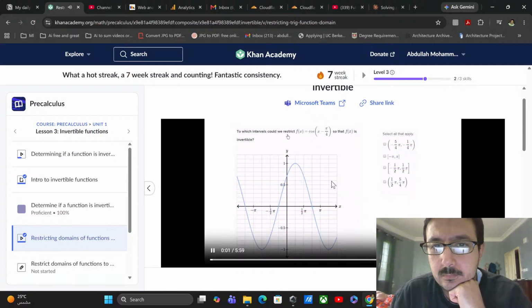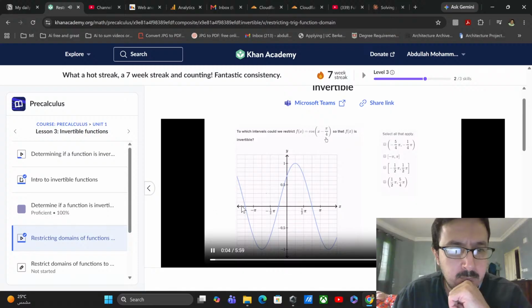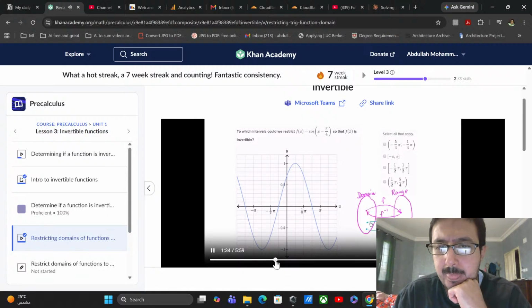To which intervals could we restrict f of x is equal to cosine of x minus pi over 4, so that f of x is one element of the domain that gets you there?